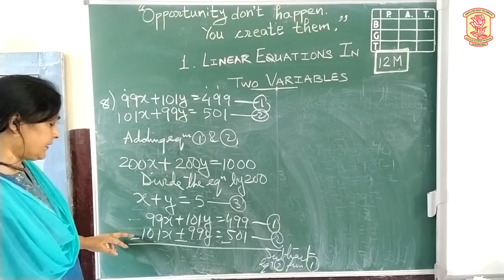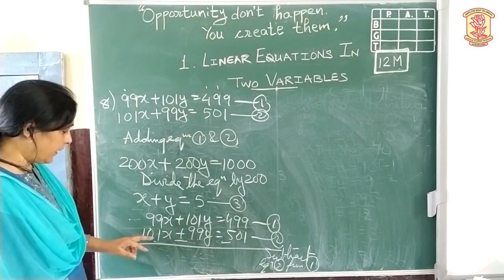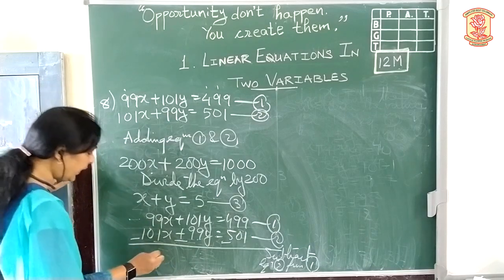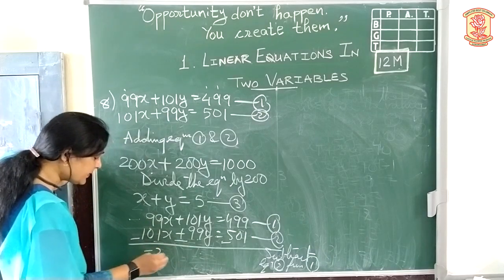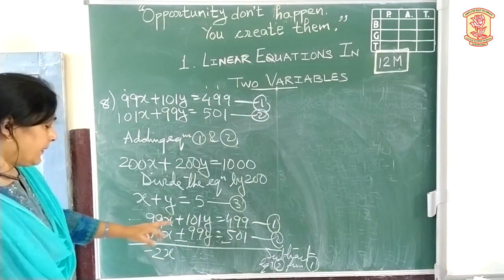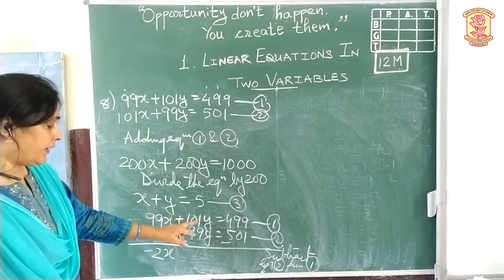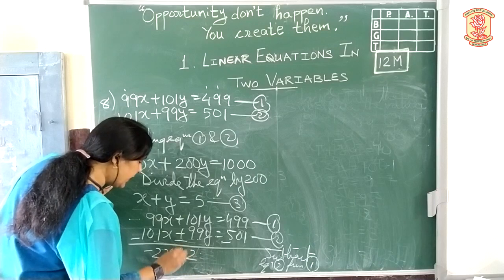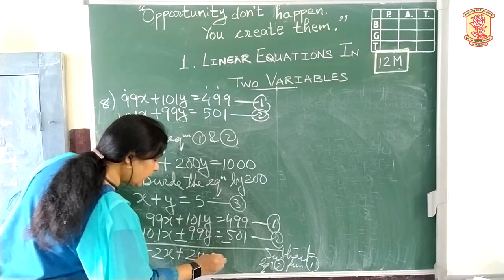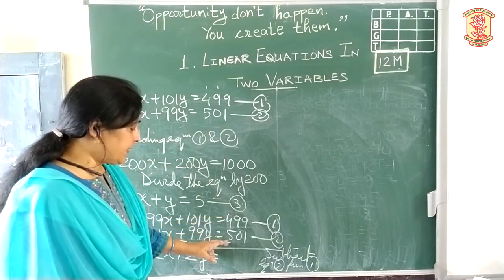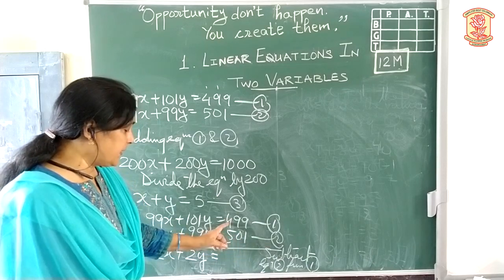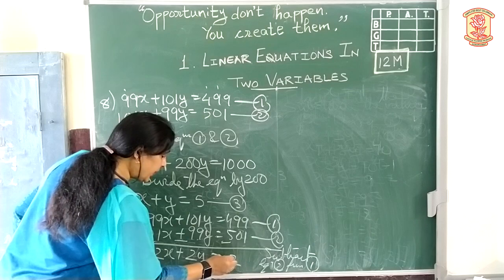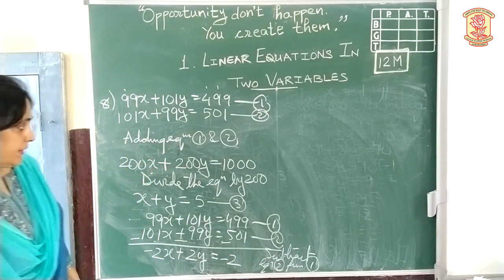Now 99 minus 101 comes out to be 2, and the bigger number's sign is minus, so minus 2x. Then 101 minus 99 is again 2, and the bigger number's sign is plus, so plus 2y equals 499 minus 501, which comes out to be 2, and the bigger number's sign is minus.